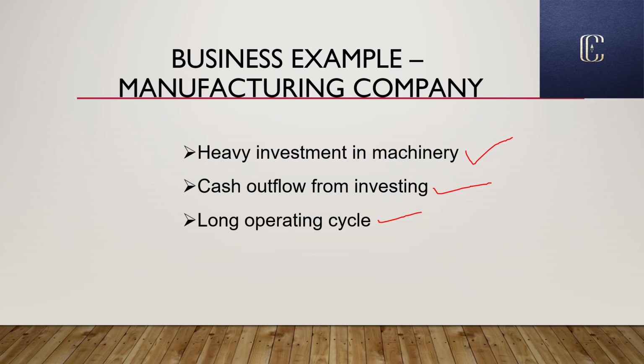This entire process may take 3 to 6 months or more. During this period, cash is already spent, but cash from customers has not yet come. So cash gets blocked in raw materials, work in progress goods, finished goods, and debtors.